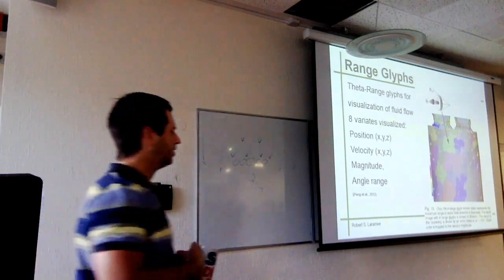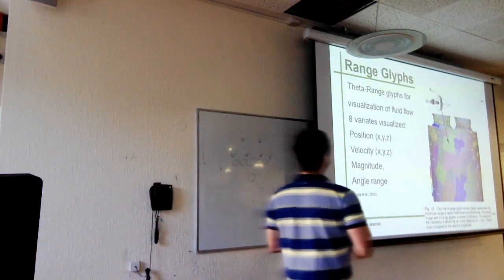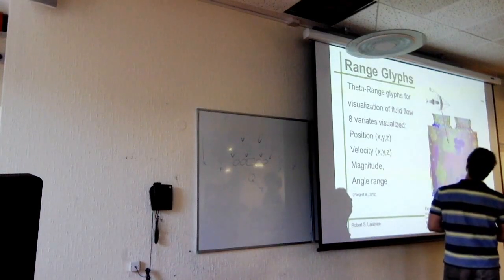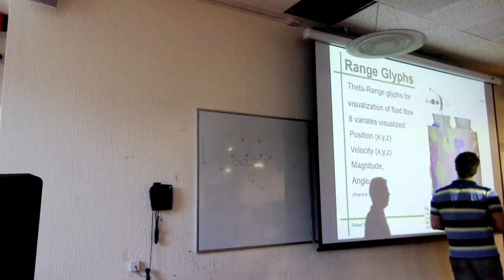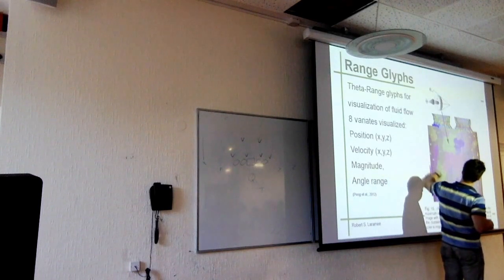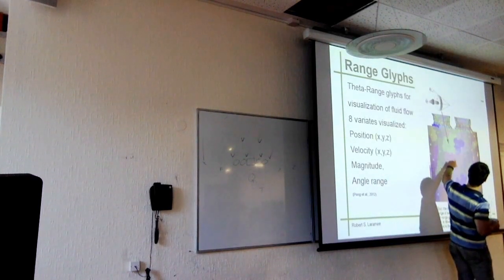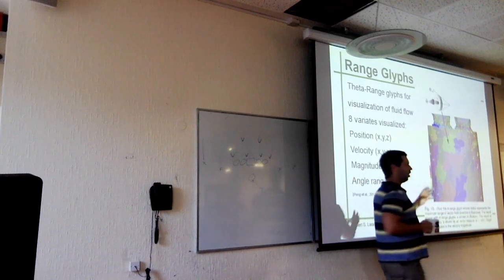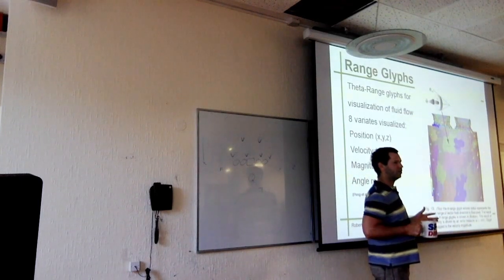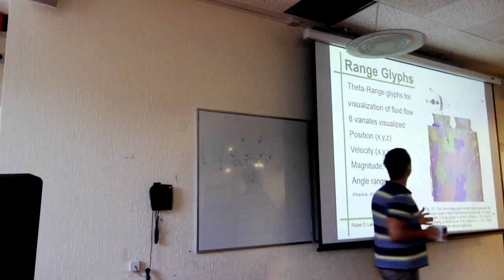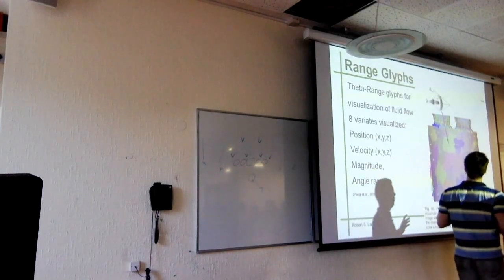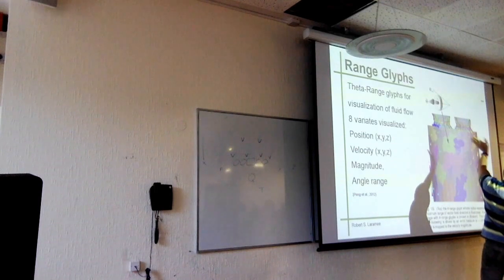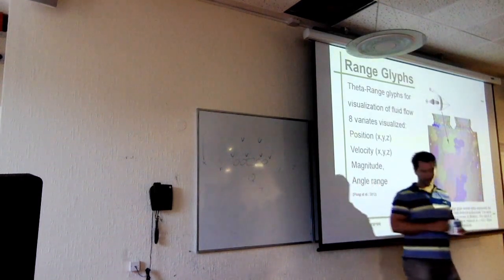Range glyphs are another style of flow visualization glyph. This is a theta range glyph. Each region of space here represents a number of velocities, or a range of velocities. So how do we encode the range? We have an x along the x-axis.